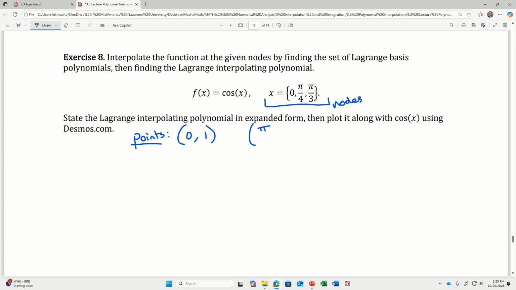And then pi over 4. What's cosine of pi over 4? Square root 2 over 2. And then pi over 3. And what's cosine of pi over 3?